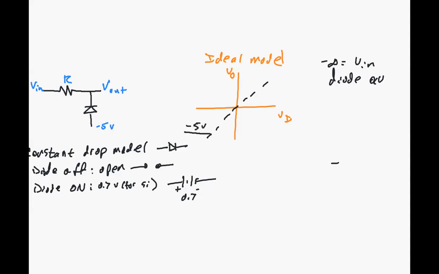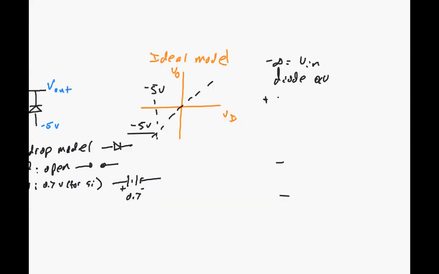Now, if we have plus infinity for Vin, the diode is off.